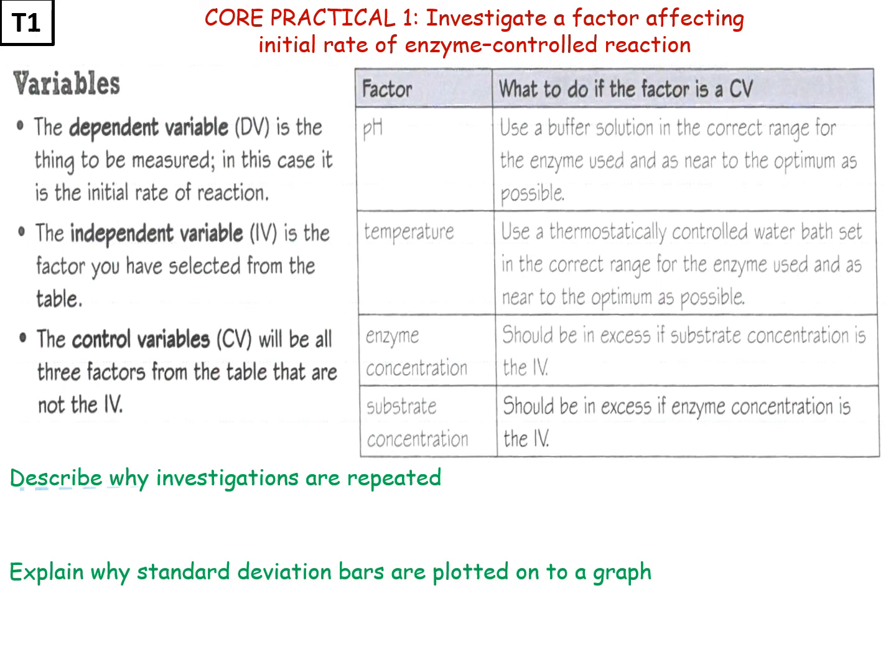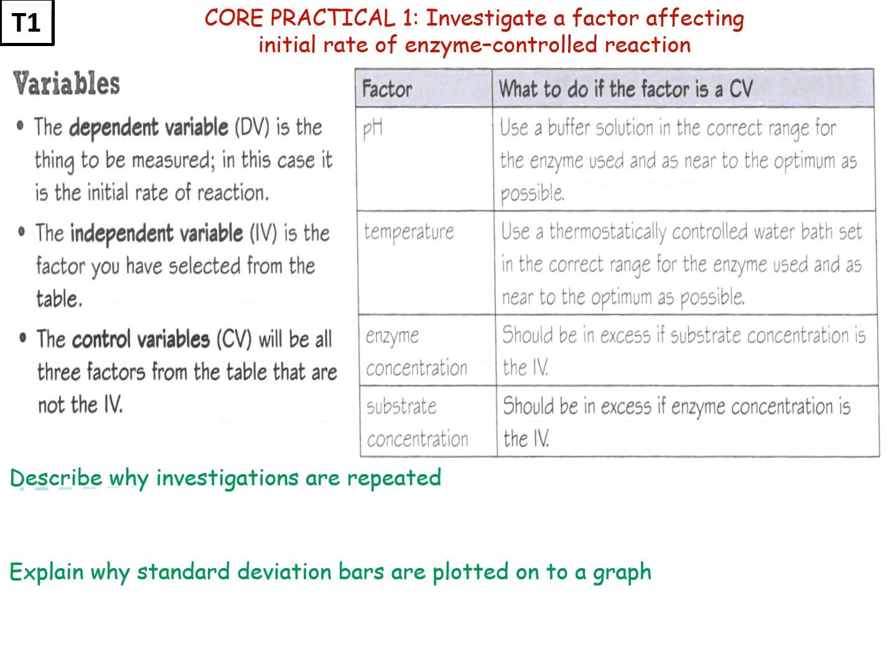You could use a pH buffer solution, so you keep the pH the same to test out on that pH, and then you'd use a different pH for subsequent reactions to compare how pH affects the initial rate of enzyme reaction.